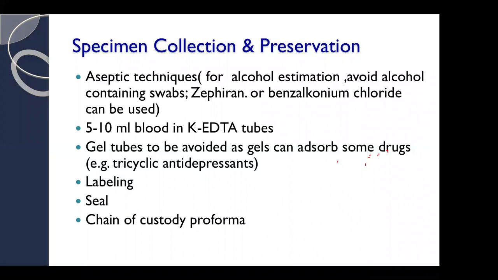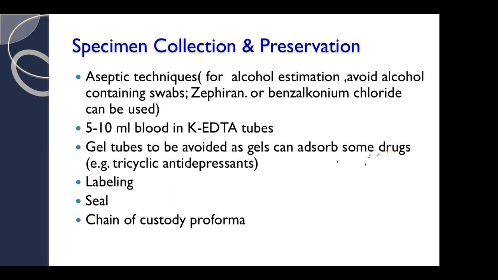We can use alternate swabs like benzalkonium chloride, etc. 5 to 10 ml of blood collected in potassium EDTA tubes is an ideal sample, because we prefer whole blood testing in these toxicology cases. Gel tubes should be avoided because they can absorb some drugs, and one of the very important drugs absorbed by these gels are the tricyclic antidepressants.